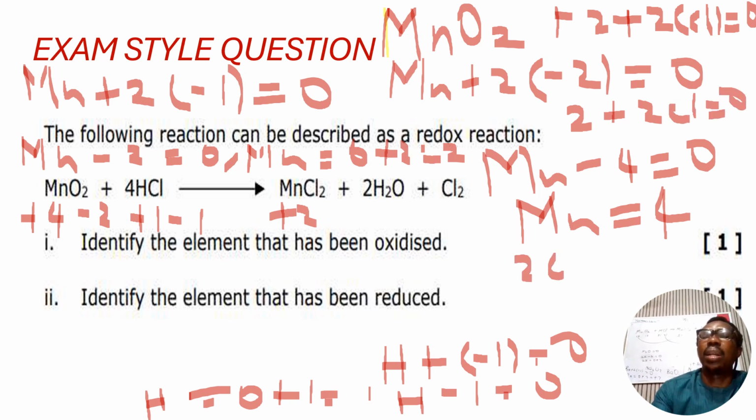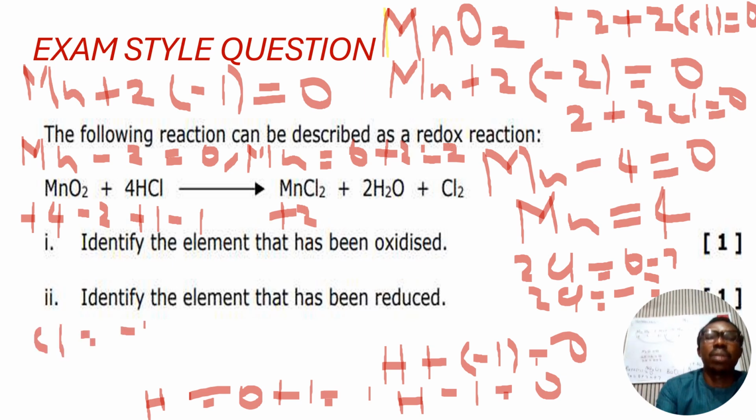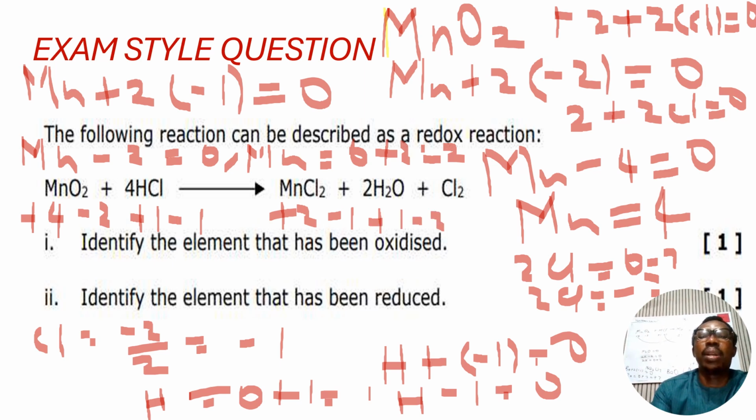So 2Cl is equal to 0 minus 2. 2Cl is equal to minus 2. So chlorine will be minus 2 divided by 2, which is equal to minus 1. So the oxidation number for chlorine here is minus 1. Oxidation number for hydrogen here will be plus 1. Oxidation number for oxygen is minus 2. Oxidation number for chlorine is 0.